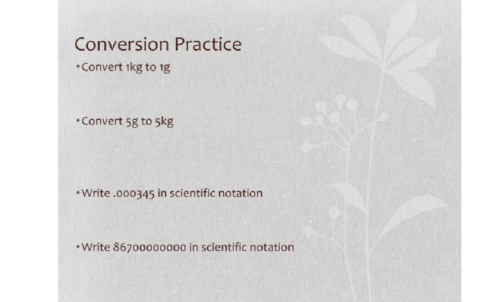Right now, you probably don't have in front of you your SI base units of measurement table and your SI prefixes table. I happen to have one in front of me, so it's easier for me to look at. When we are in class, you will have one in front of you, so this will make a little more sense. Now, the first thing I'm going to point out is that if you look at my first example, 1 kilogram to 1 gram, we are converting from the base unit to a non-base unit.